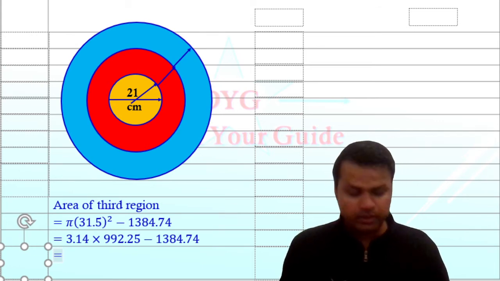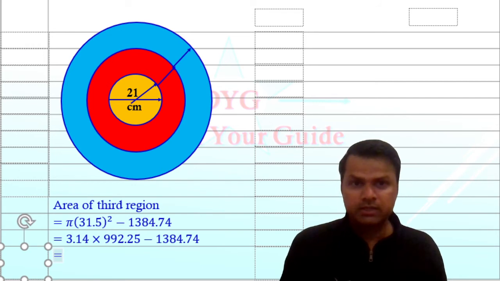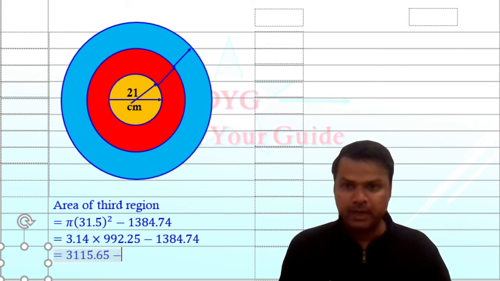So now we have 3.14 and we have to multiply it with 992.25 and we get 3115.65. So 3115.65 minus 1384.7. So this is the pure calculation part which I am doing.